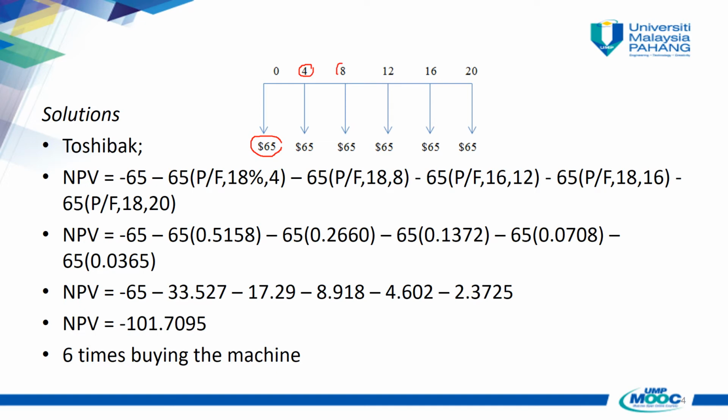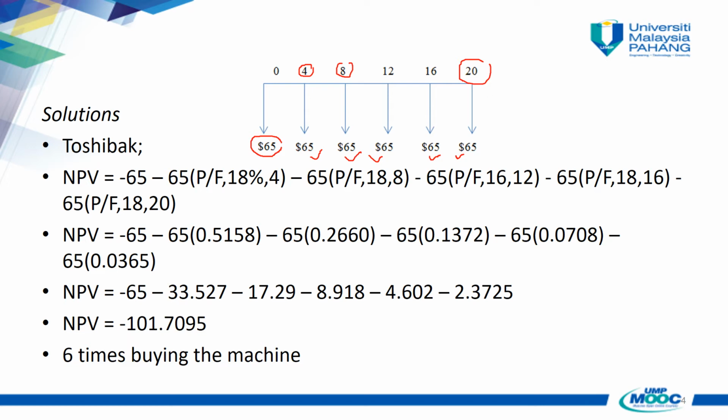Each 4 years, 65, 65, 65, 65, 65. Why do we stop at 20 years? Because Matsushita can be used up until 10 years, so we make it similar at 20 years of usage. And then we will see what happened.